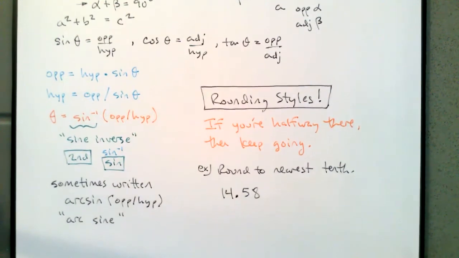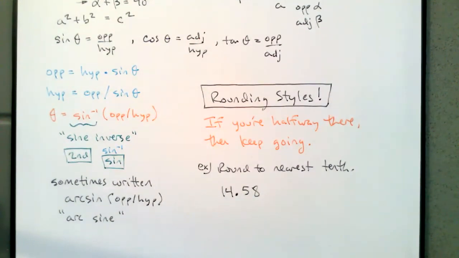So the nearest tenth is where the 5 is. We look at the next place, the hundredths place, and if that's more than 5, then we round up to 14.6.